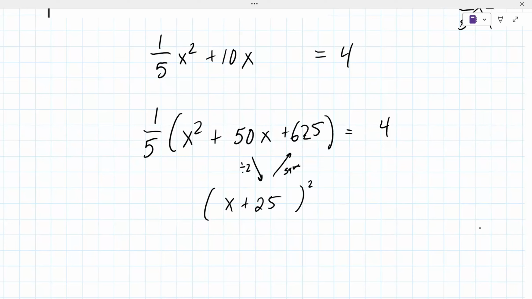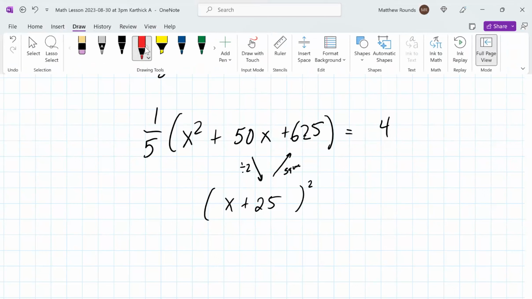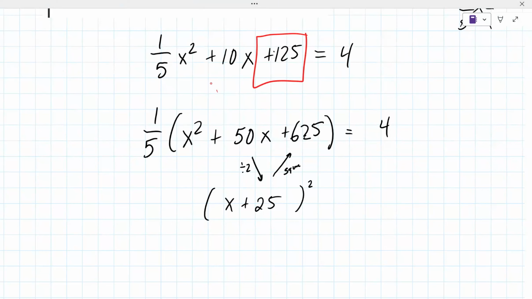So you multiply the 625 by the 1/5, then add it to both sides. 1/5 of 625 is 125. That is what goes on both sides. I didn't put the box in, but that really is what you're looking for there.